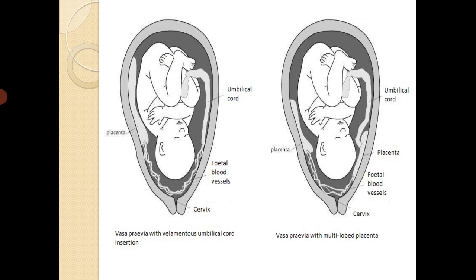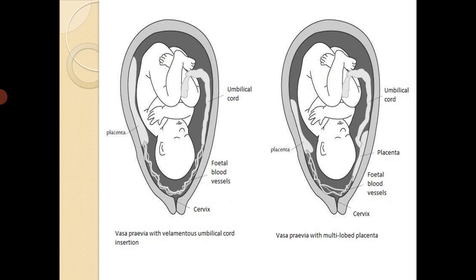Vasa previa refers to blood vessels covered with amnion and running between the chorion and amnion, which present first at the cervical os by crossing the presenting part.